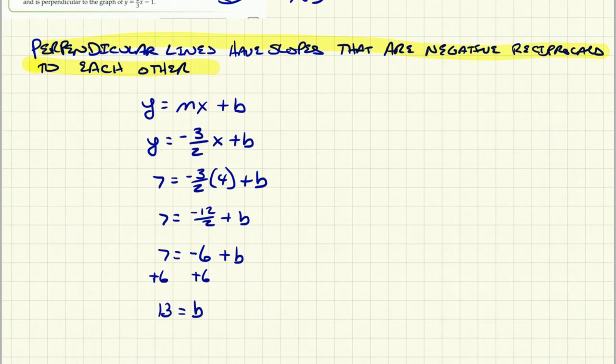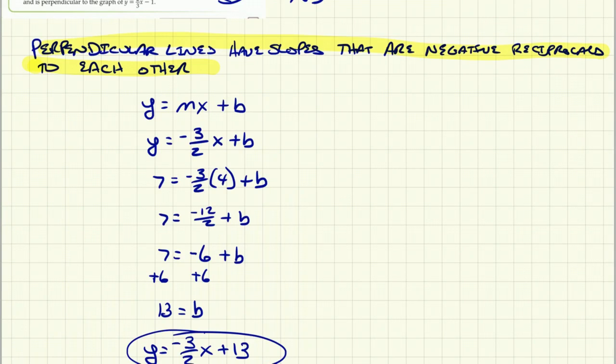So my y-intercept for this equation is 13, which means that the equation for this line is going to be y equals negative 3/2 x plus 13. This equation is my solution to the problem.